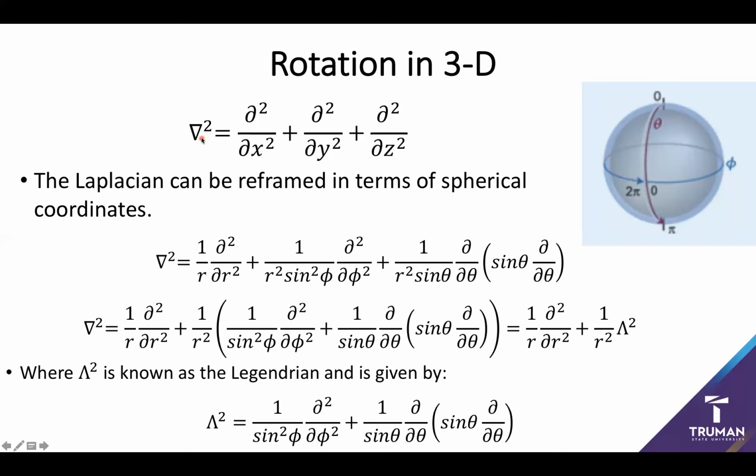So the Laplacian is a second derivative with respect to Cartesian directions. And again, you can reframe it into angular or into a spherical coordinate system. The Legendrian is more or less the second derivative just with respect to the angular portion. So if you're looking at changes in angular motion, angular kinetic energy, the Legendrian is really going to be where it's at.